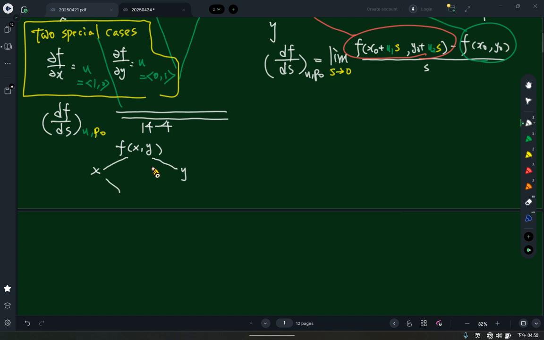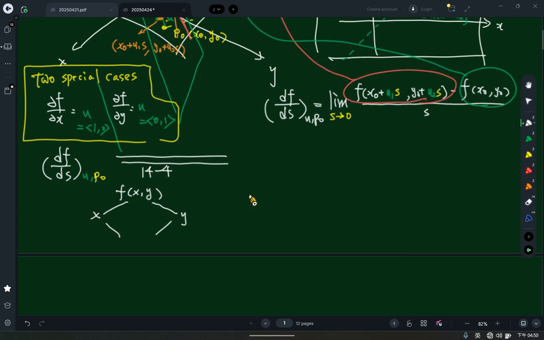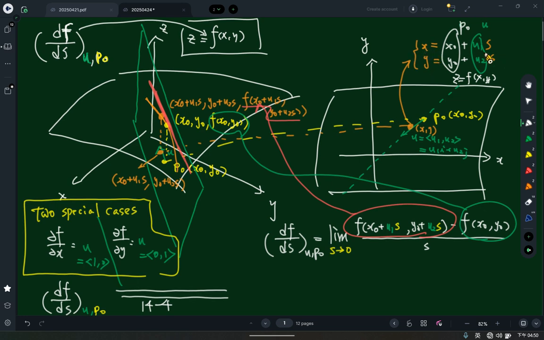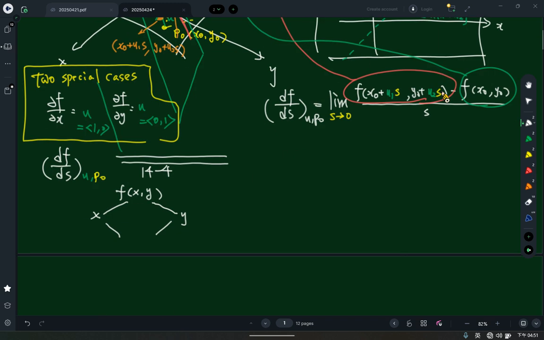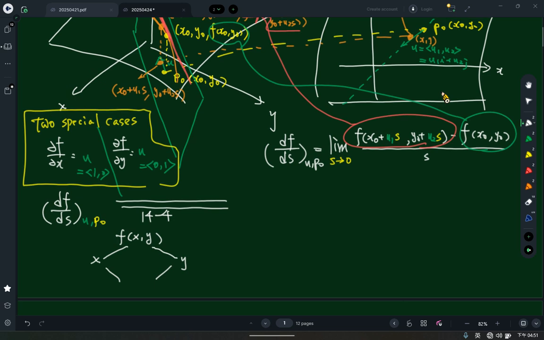Then we have x and y, and these two are determined by s, because s0, y0, and also u1, u2 are constant. So by the chain rule, we can get partial f, partial x, and partial f, partial y, then dx over ds, dy over ds.